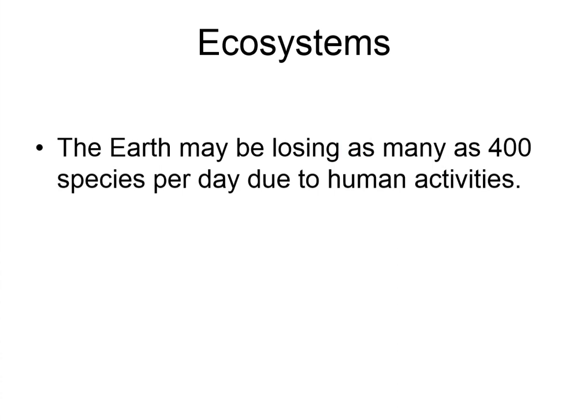And take note of this number. The Earth usually loses as many as 400 species every day due to human activities. This is one question that can come on a quiz: how many species does the Earth lose per day due to human activities? The number is 400 species.